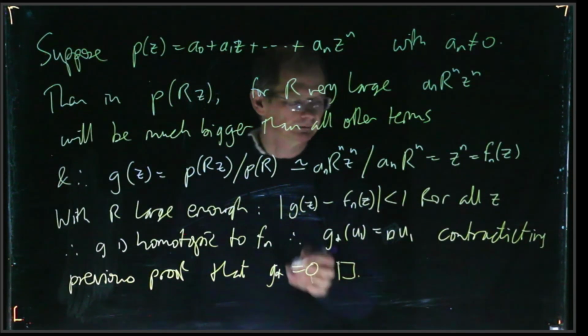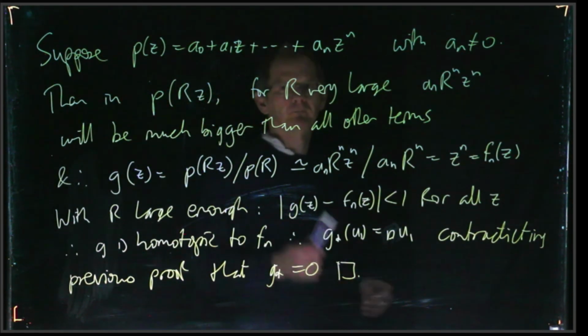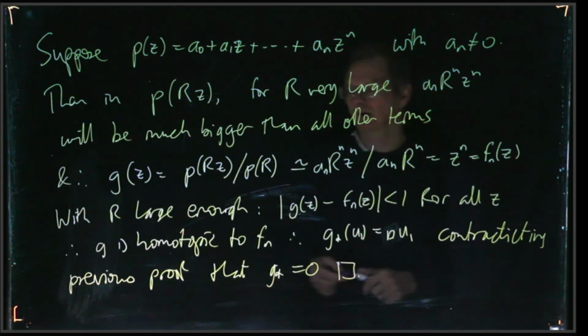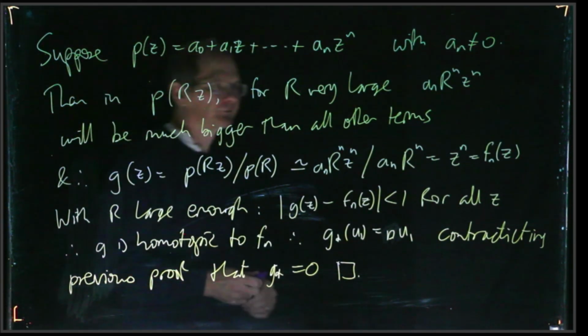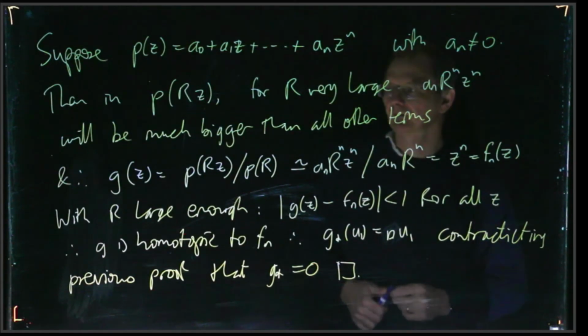Okay, so we've got a contradiction. So this P of z with no roots, that can't happen. So we see that every complex polynomial of degree at least 1 has at least one complex root.